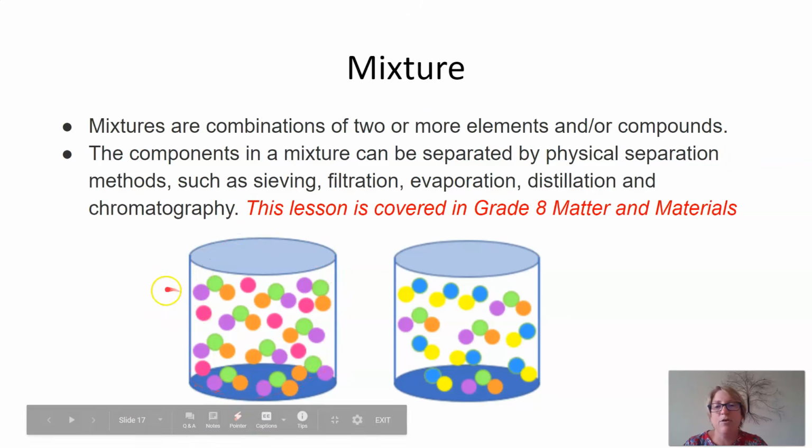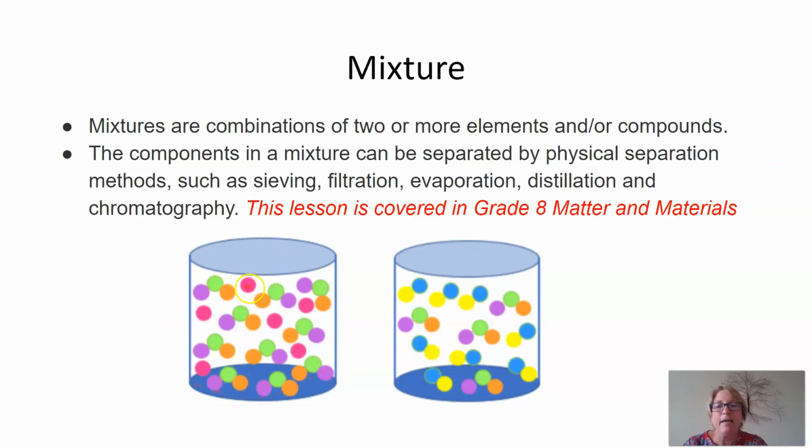So in this diagram here, if I have a look, I can see a pink atom, a pink element. Here's another pink atom. There's another pink atom. There's another pink atom. Remember, this atom is also an element. I can also see a compound. Here we have a compound of purple, green, and orange.